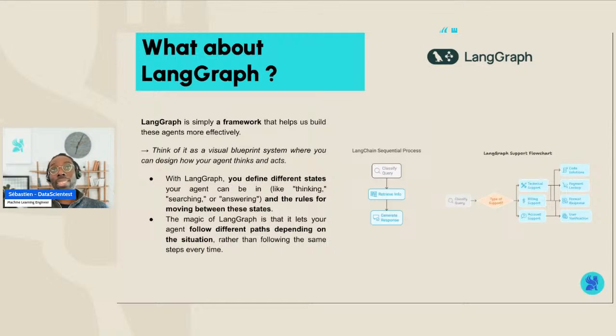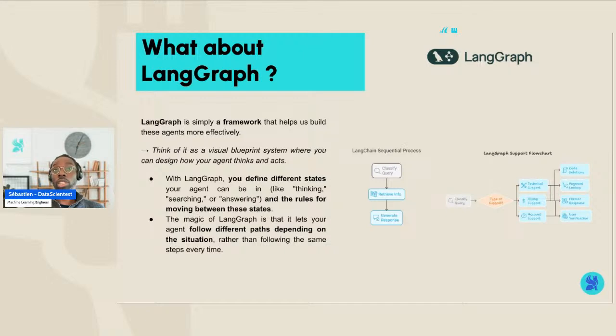So in this ecosystem, now I can properly introduce what LangGraph is. LangGraph is simply a framework, like LangChain itself, that helps build agents. So the different patterns that we presented earlier can be created with LangGraph.